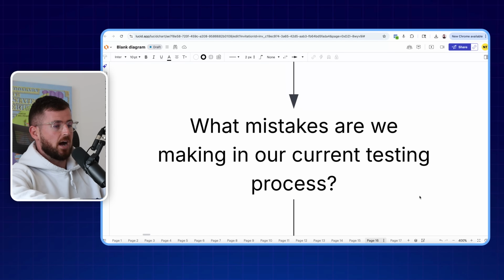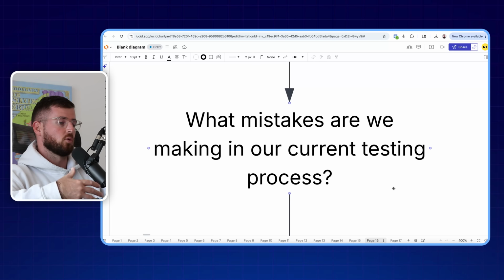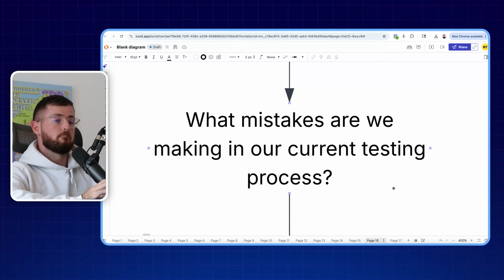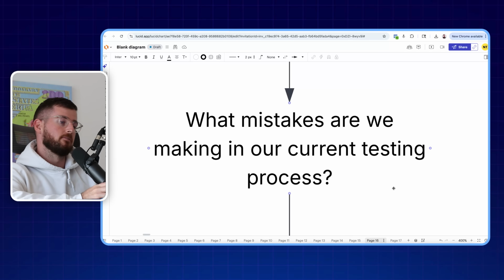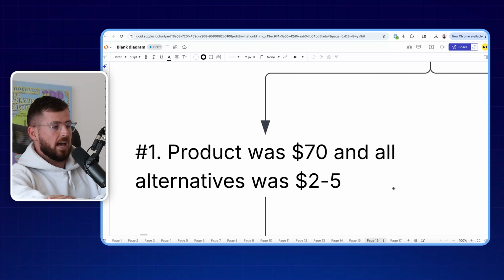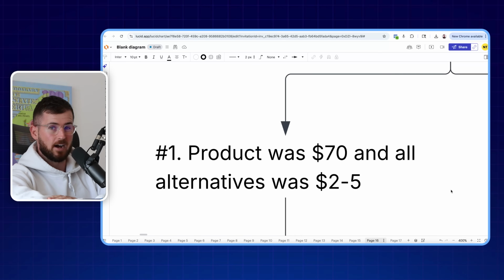So here I'm just having a self-reflection moment of what mistakes are we making in our current testing process? When we're building out these creatives, what are the mistakes we're making that's preventing us from hitting our goals? Now, the first problem we had was that we were selling a product that was $70, and all the alternatives for this particular product were around $2 to $5.